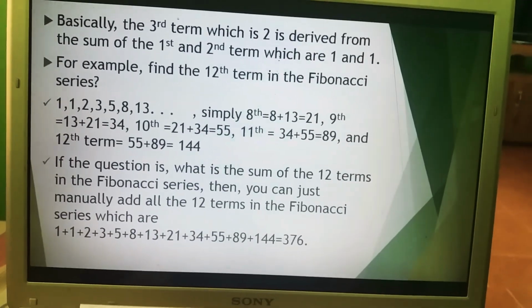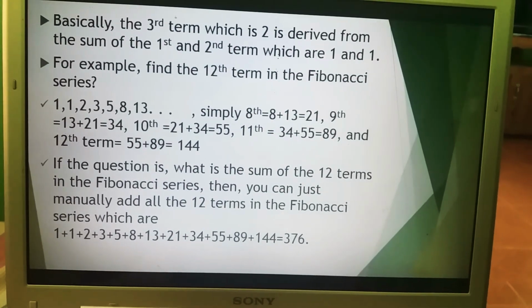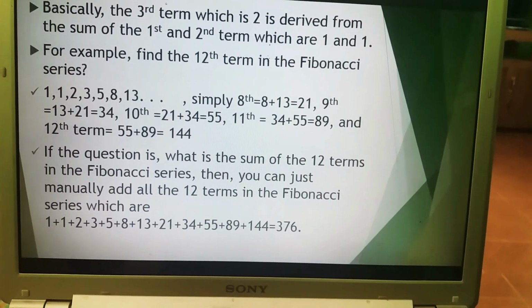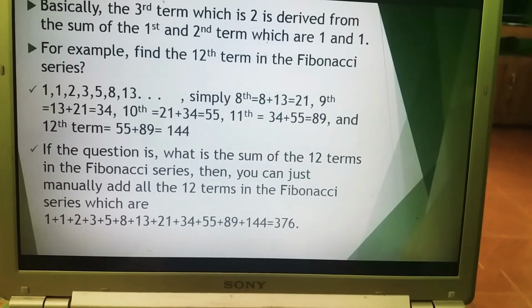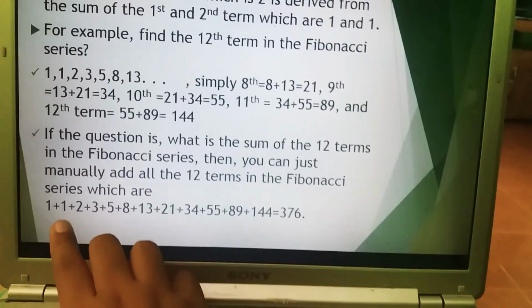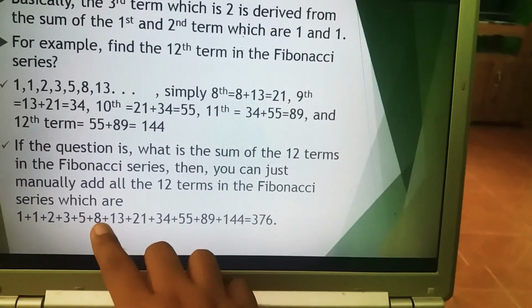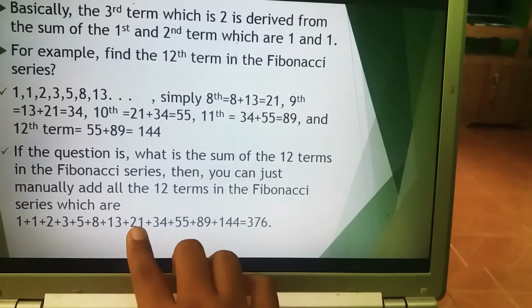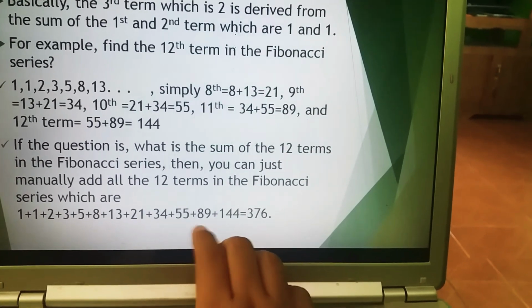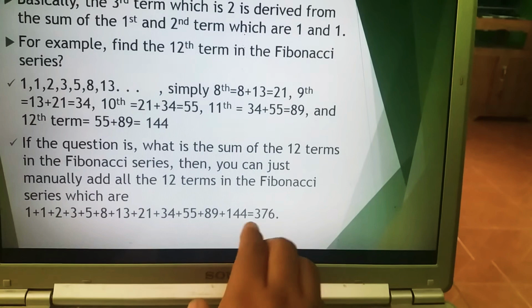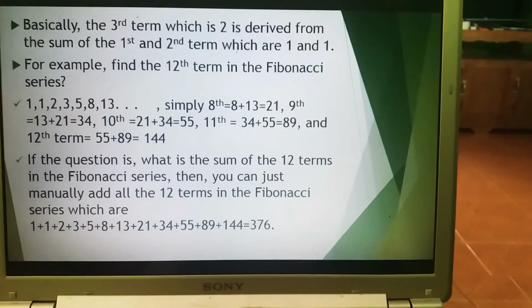Ayan. If the question is what is the sum of the 12 terms in the Fibonacci series, then you can just manually add all the terms in the Fibonacci series. You just need to add 1 plus 1 plus 2 plus 3 plus 5 plus 8 plus 13 plus 21 plus 34 plus 55 plus 89 plus 144, and that will be equal to 376.